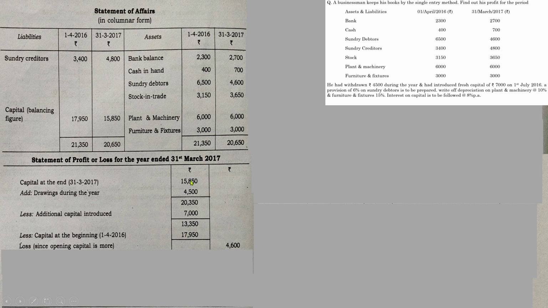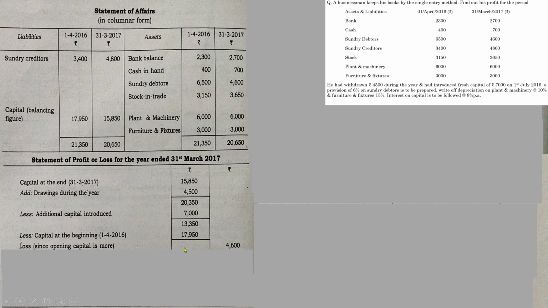Since the opening capital balance is greater than closing capital balance, you will definitely suffer loss, but you need to adjust the drawings and additional capital introduced to know the net effect. But from the computation you have found that you have sustained loss, because by adjusting the opening capital you will get a negative value, that is 4,600.